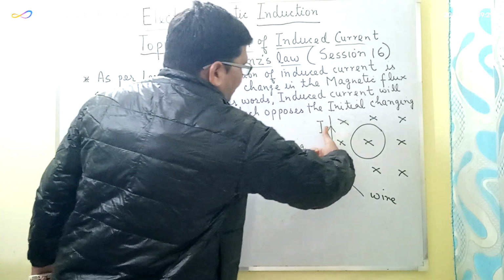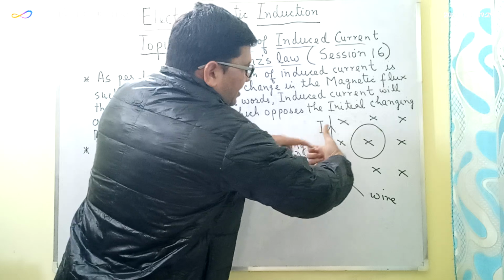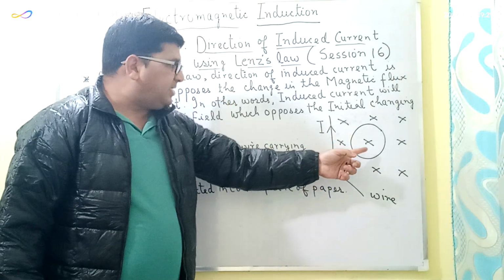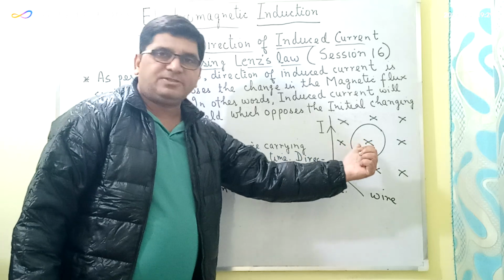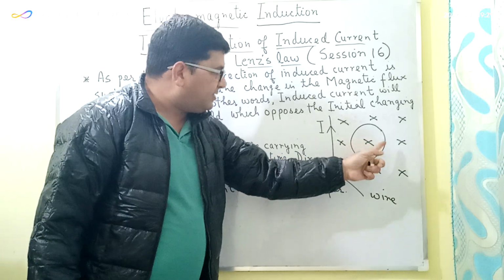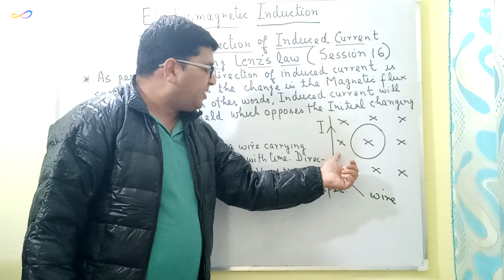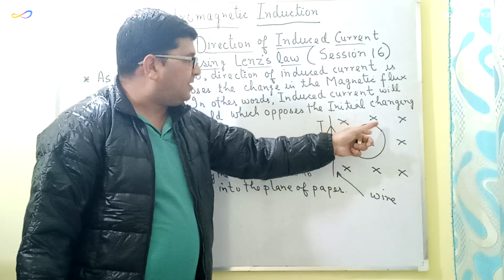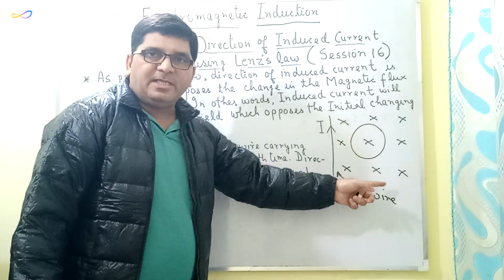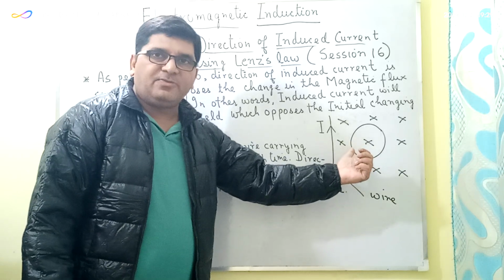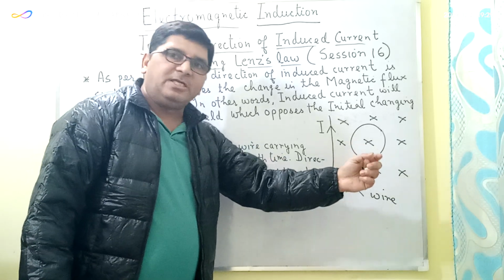So if I put the thumb here, the direction of my curled fingers will give the direction of the magnetic field. In this case, the direction of the magnetic field is into the plane of the paper, and this is the coil here which is placed adjacent to this wire.